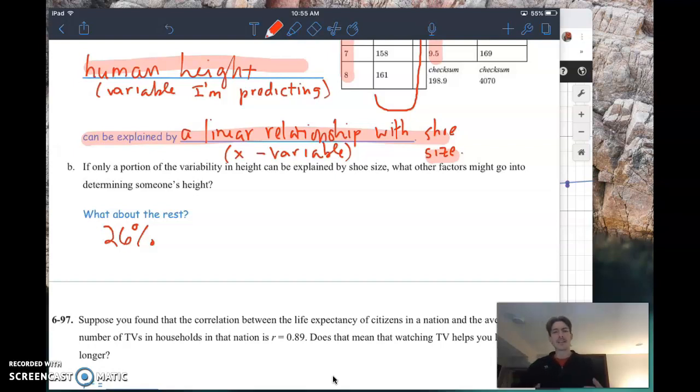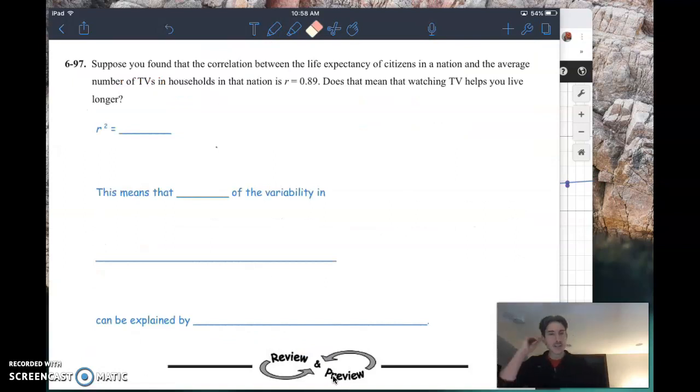All of those other things that could affect growth and height. All of those things are going to fall into that other 26%. Okay? Anything else that might account for someone's height being not in line with our model, right?